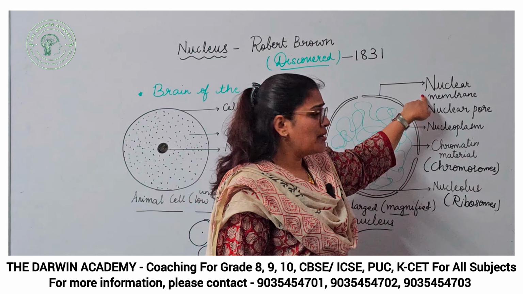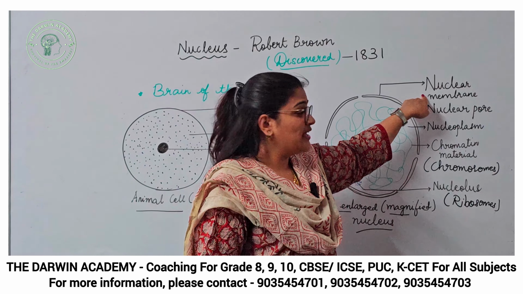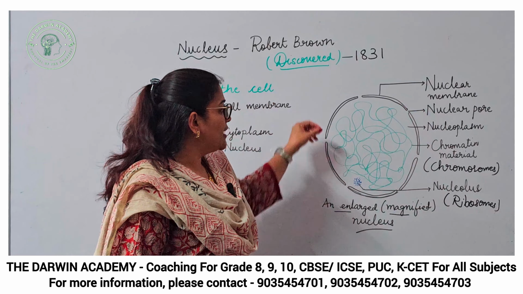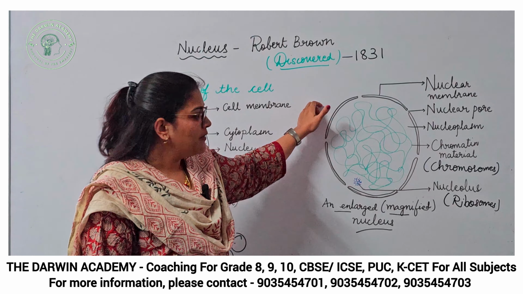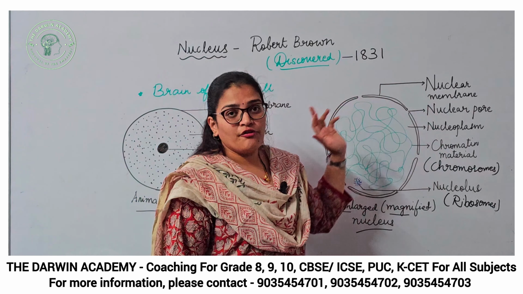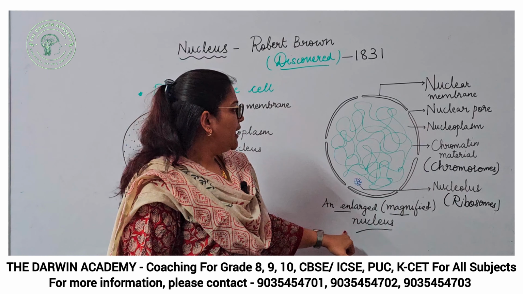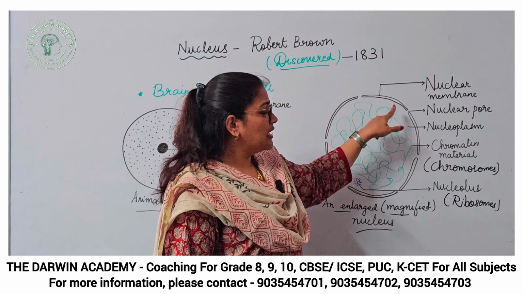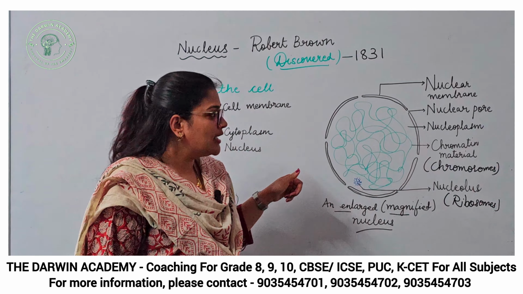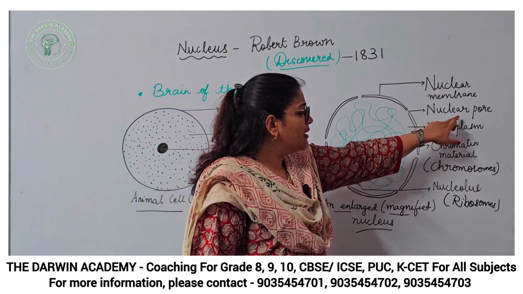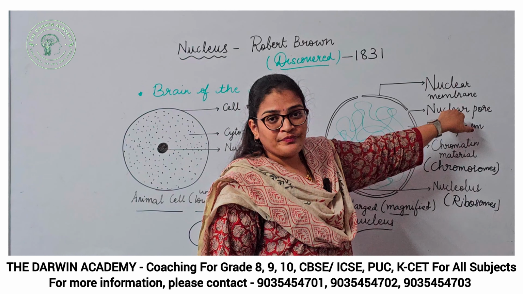The nuclear membrane, I'm repeating, please be careful. The nuclear membrane is a double layered membrane which is the outer covering of a nucleus. It is discontinuous, that means it is not continuous and is interrupted by nuclear pores. Okay?